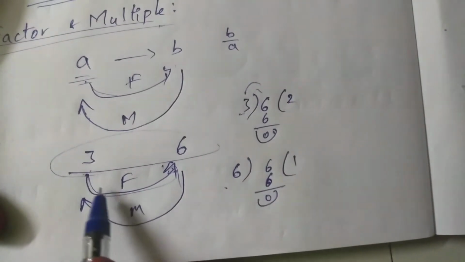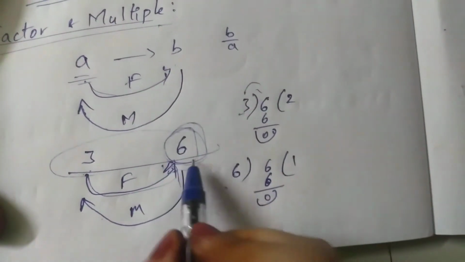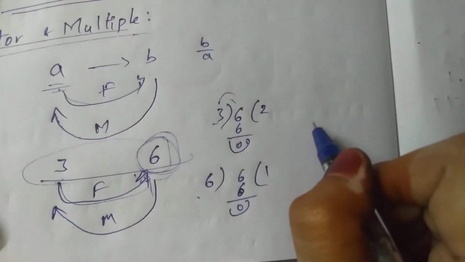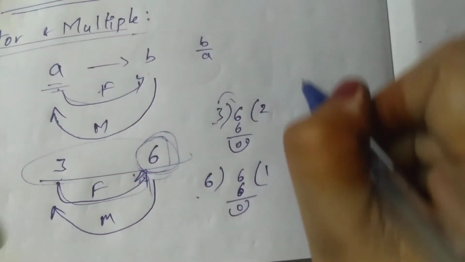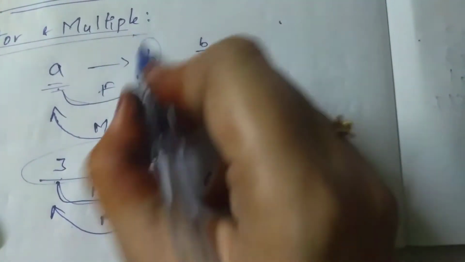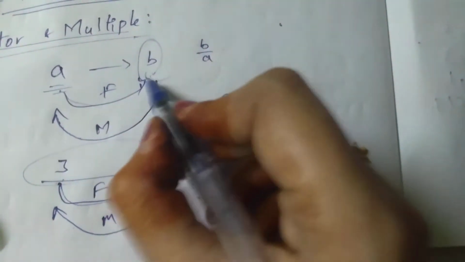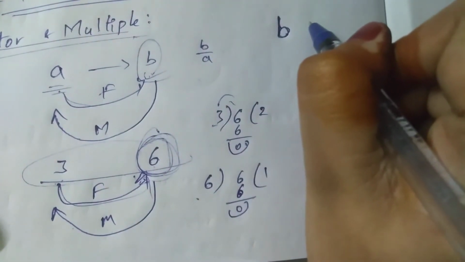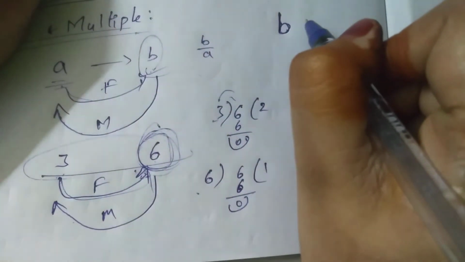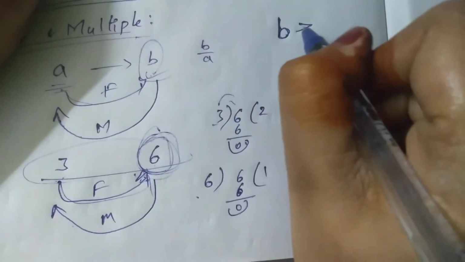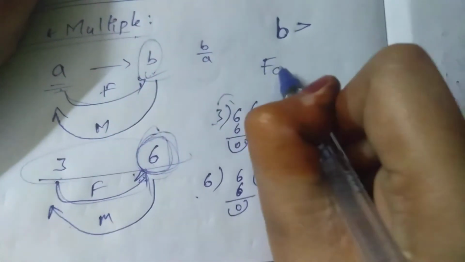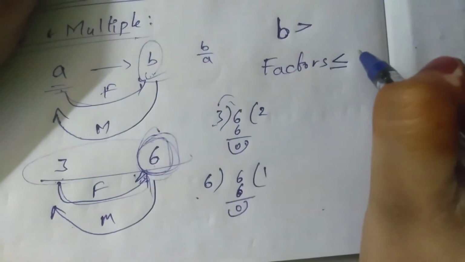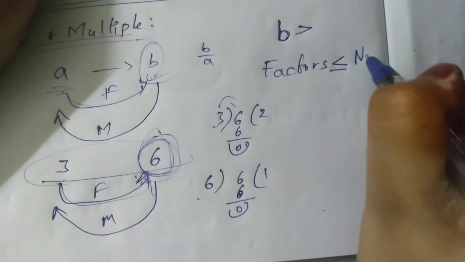Factor of a number means the factor is always less than or equal to that number. If B is the number, then for the number B, the factors are always less than or equal to the number.